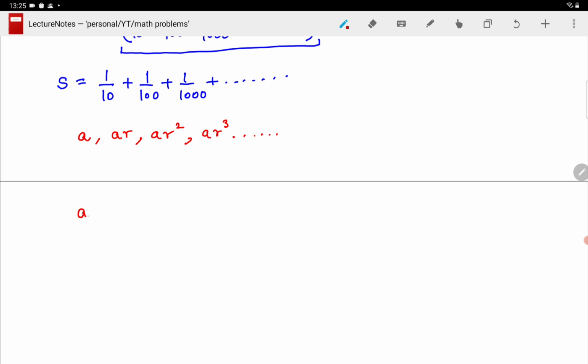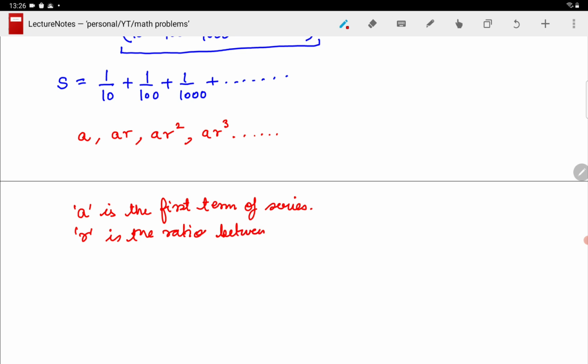A is the first term of the series, and r is the ratio between the consecutive terms. And this is an infinite geometric progression.